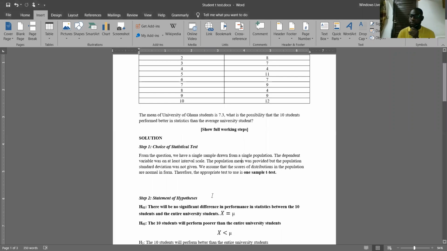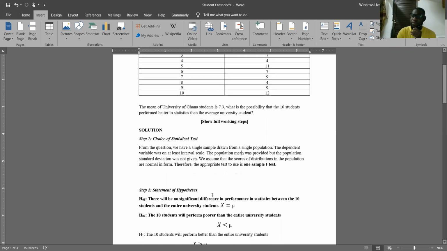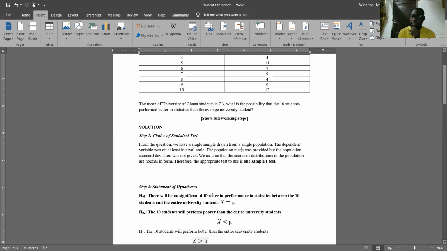Then under step 2, which is statement of hypothesis. And as I've been saying, it's better if you first state your alternative hypothesis. Why? Because with your alternative hypothesis, which is also H1, you can directly find it in the question. Why? Because within the question, a prediction has been made.